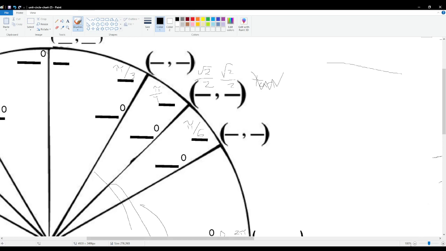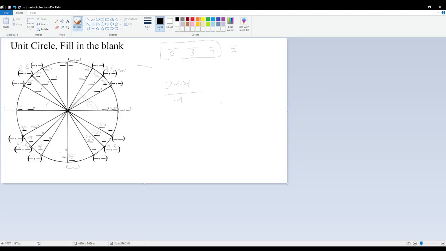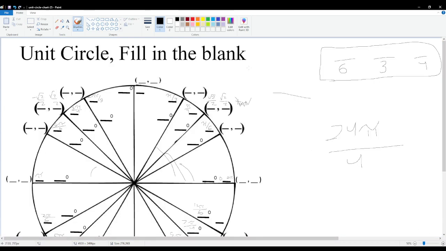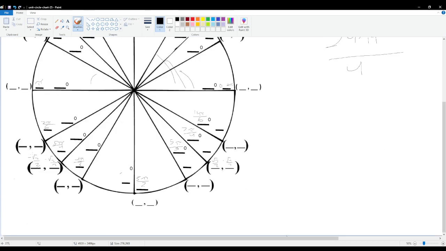A really good trick to do this is the acronym: All Students Take Calculus.